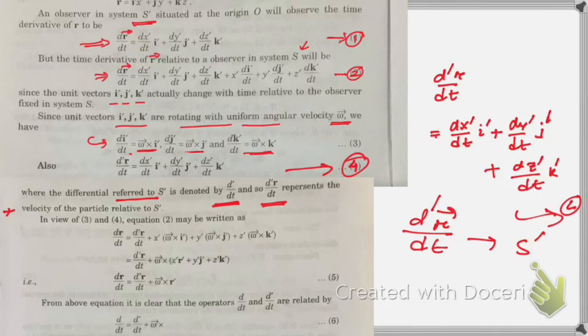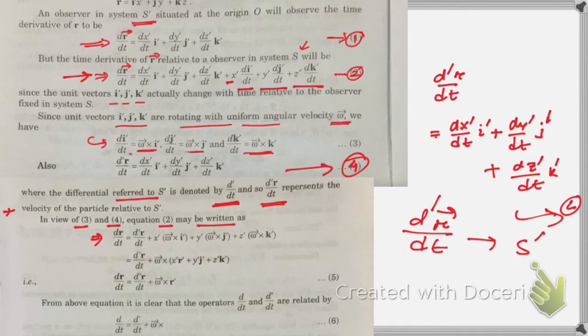Now in view of 3 and 4, equation number 2 may be written like this. So we have dx dash by dt, dy dash by dt, dz dash by dt, plus x dash di dash by dt, y dash dj dash by dt, then z dash dk dash by dt.